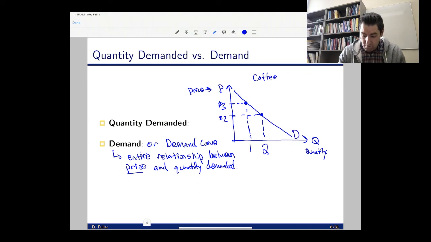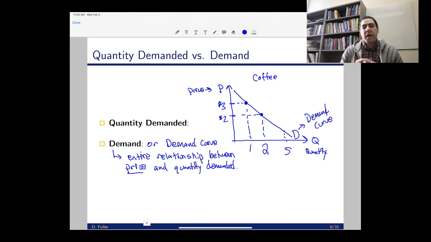I'm going to label this with a D that stands for demand, or demand curve. It tells me at any possible price how many cups of coffee I would be willing to buy. If you want me to get 5 cups of coffee, it's going to require a lower price than to get me to buy 1 cup of coffee. The law of demand, or diminishing marginal benefit, in play.